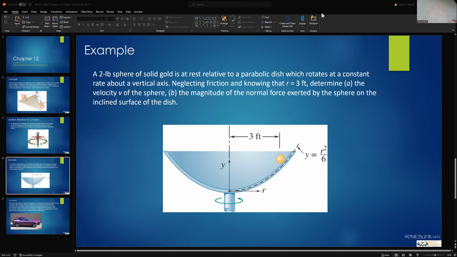And in this case, we have something a little simpler. You have a parabola-shaped dish, and you're given a 2-pound ball of solid gold. It doesn't matter what it is. It's at rest relative to the parabolic dish, which rotates at a constant rate about a vertical axis. So we want to know the velocity of the sphere and the magnitude of the normal force exerted by the sphere on the inclined surface of the dish.